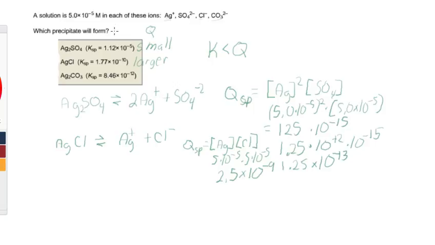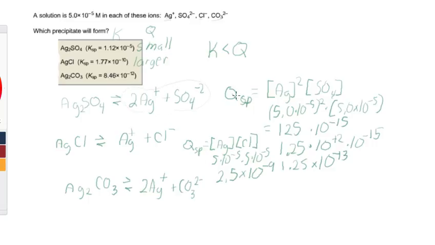So Q's, and these are my K's. And Ag2, so silver carbonate, is going to be 2 silvers for every 1 carbonate, which is very similar to this.